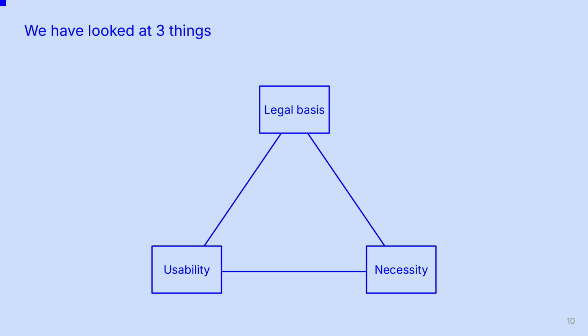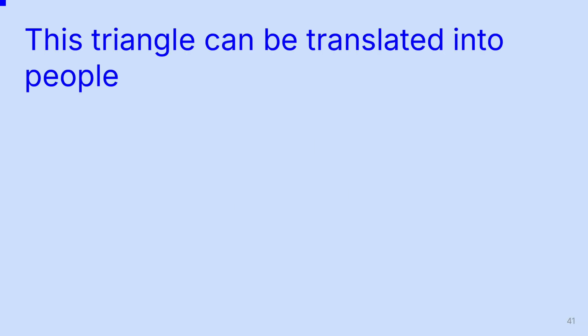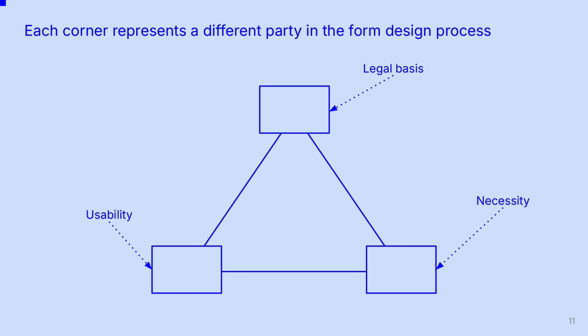And this can also be translated into people. And then it looks like this: the form users are connected to the usability, the form processes to the necessity, and the form owners are, of course, owning the legal basis.